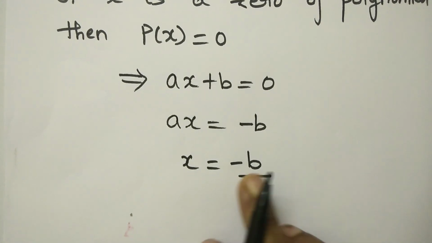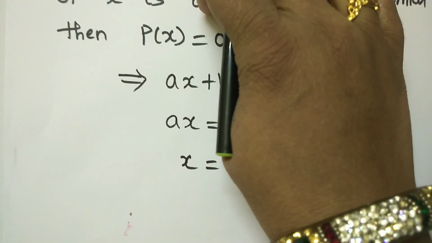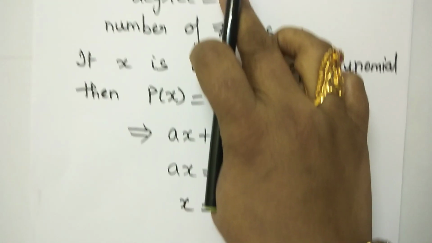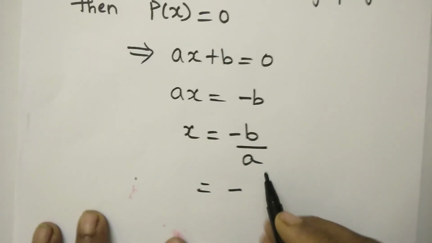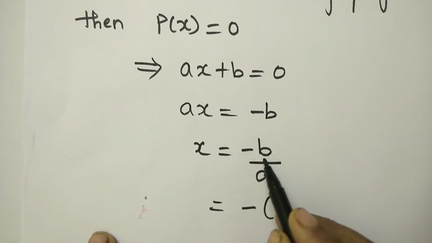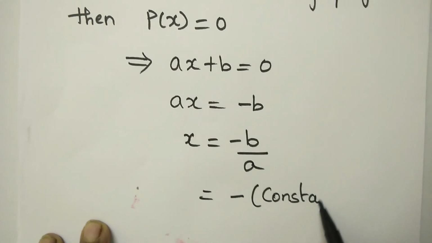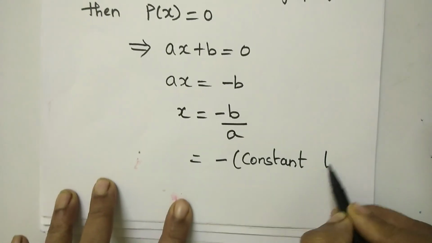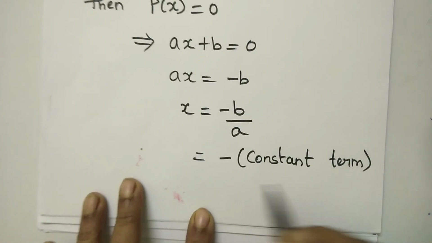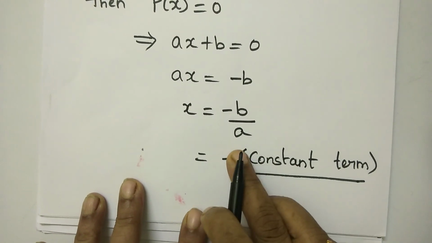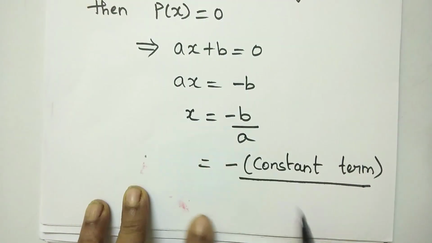Where is this b? It is nothing but the constant term of the polynomial. Is it not? So, we write it in terms of words. It is the constant term. Where is a? It is nothing but the coefficient of x.